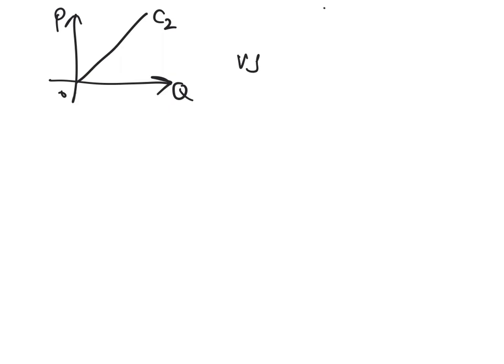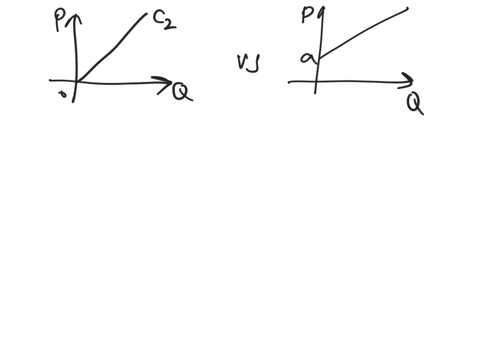So let's look at the last part. The last part is asking us to suggest why instead of using what is given, this C2 here, producers would be using this instead.